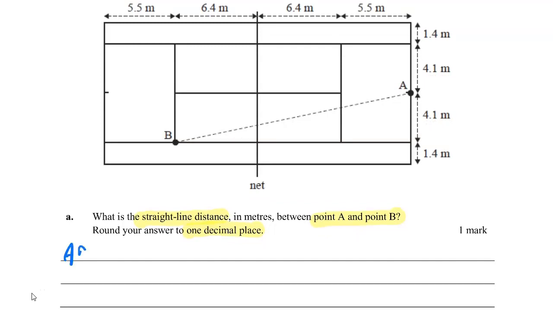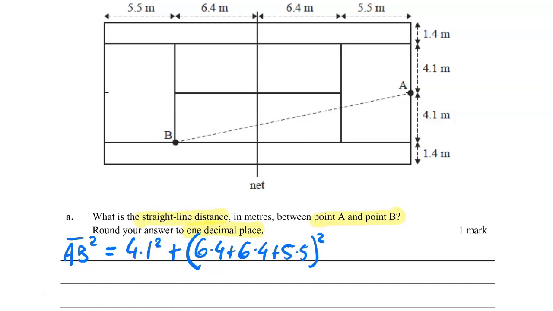So AB, that distance squared, is equal to 4.1 squared plus, now this distance here is those three, so 6.4 plus 6.4 plus 5.5 squared.